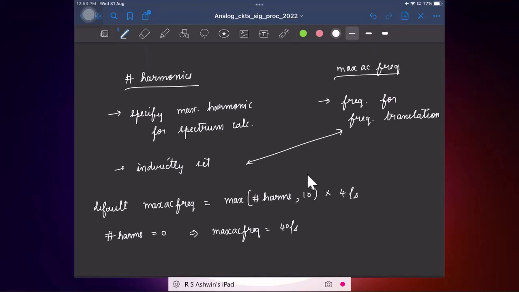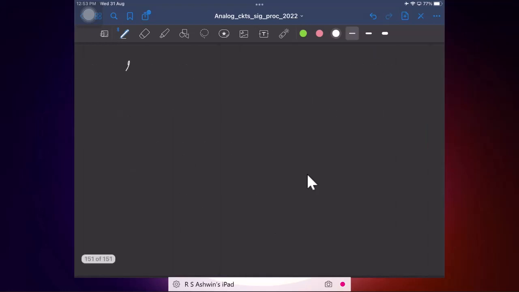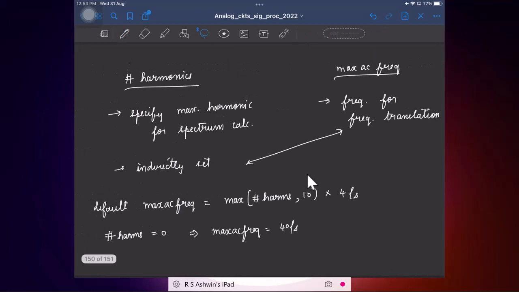And this average stroke frequency has this relation: it is max AC frequency times 5. That's the default value for the stroke period, I mean strobing frequency, and max AC frequency by default is set to this value.